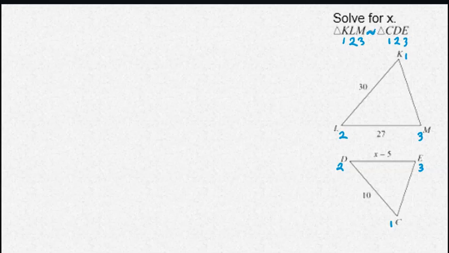Not suggesting that it's stronger or weaker than any other approach. If you can find success in this in your own way, you should absolutely pursue that method. So, the way I could set these up, if I call this triangle A and triangle B, I could set up this proportion in a couple of ways.